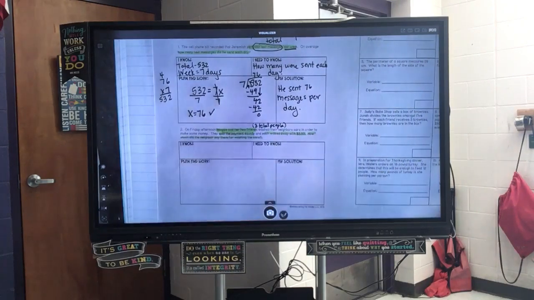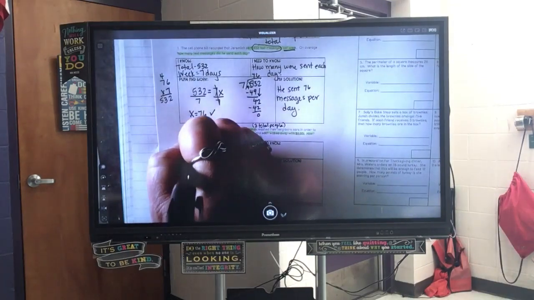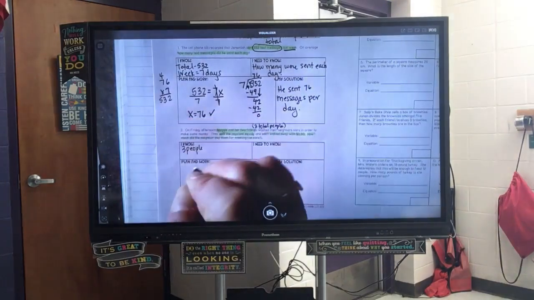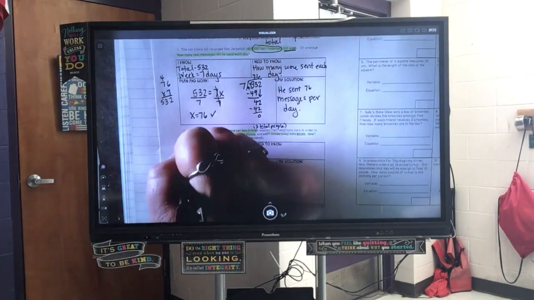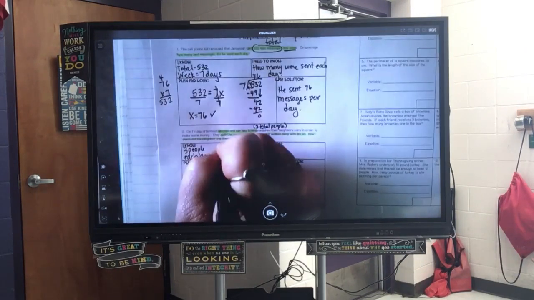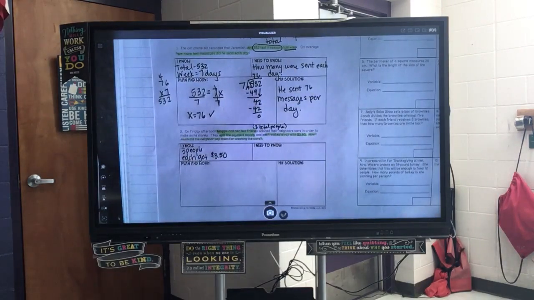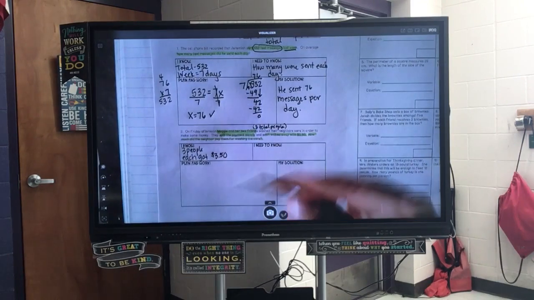So what we know is there are 3 people that are doing the car washing, and we know that each one got $3.50. What do we need to know? How much did they pay?